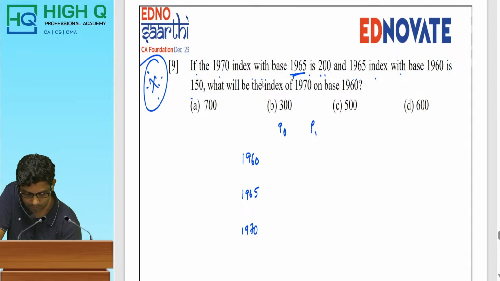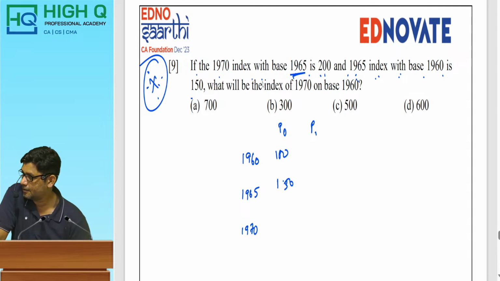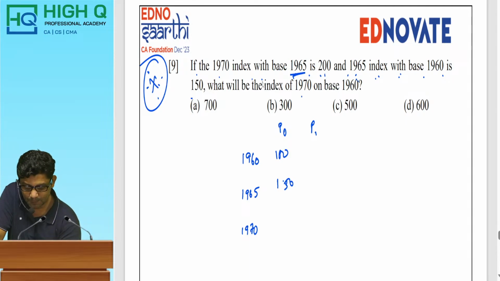The 1965 index with base 1960 is 150. With respect to base 1960, am I right, my dear? Now, the 1970 index with respect to base 1965 is 200, and at that time the base is 100.